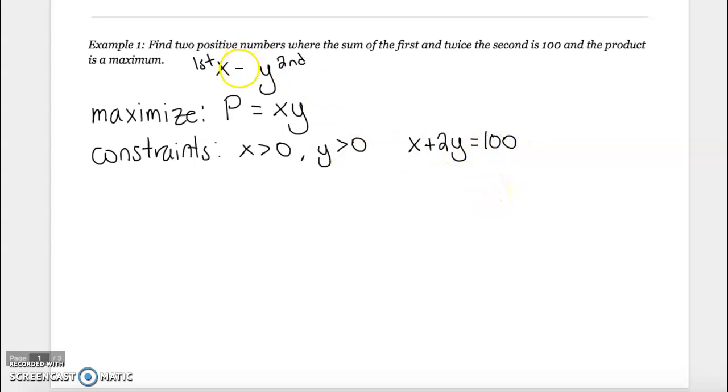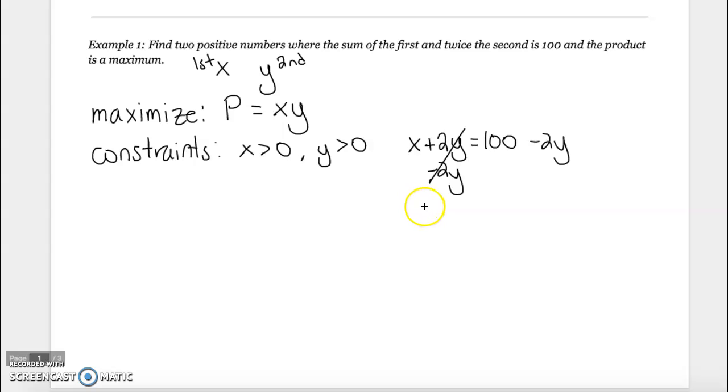Okay, so I have my variables, the equation I'm trying to maximize, my constraint equations, and now I'm going to use my constraint equations to rewrite this so it only has x's in it or only has y's in it. So let's see, if I solve this, it's more easily solved for x.